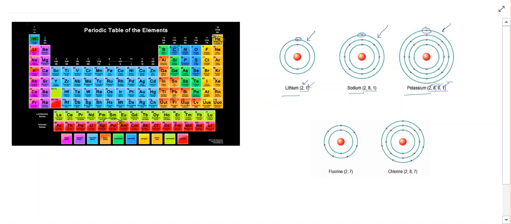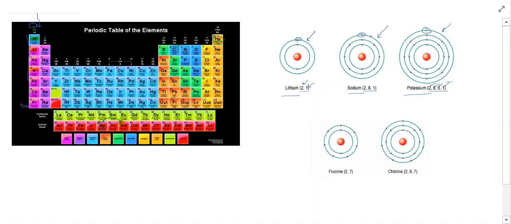Now generally what happens is, all of the group 1 elements, so remember this, when you go down this group here, these are all group 1 elements. So remember, the vertical columns are the groups. So for example, lithium, sodium and potassium, as you move down this group, these are all group 1 elements.